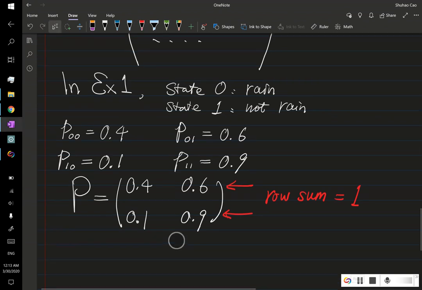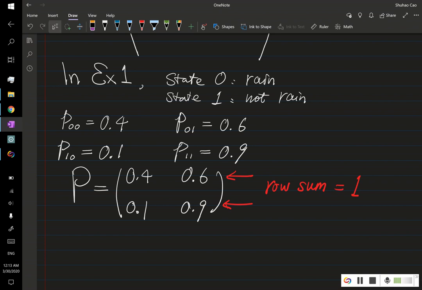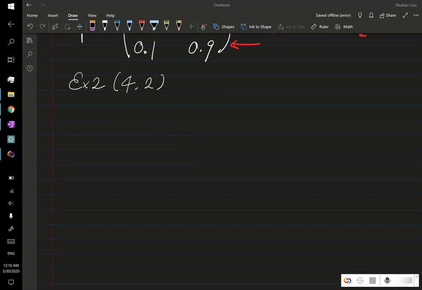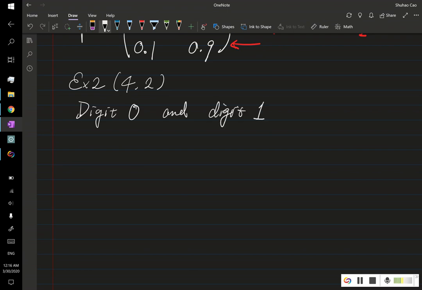So let's continue to see another example. The next example we're going to see is example 4.2, where we consider a system that transmits digits, so basically binary. So we have digit 0 and digit 1. It's like a signal. It's going to be passed through several stages.